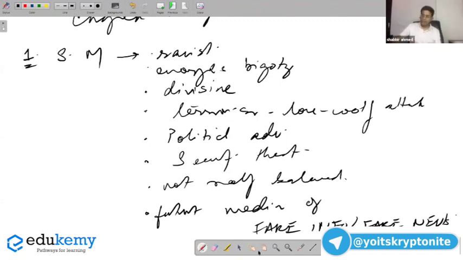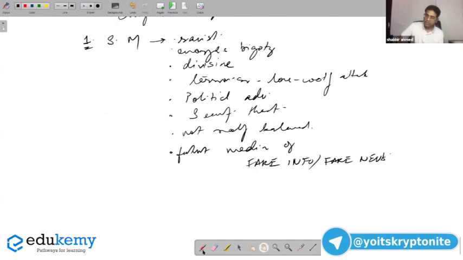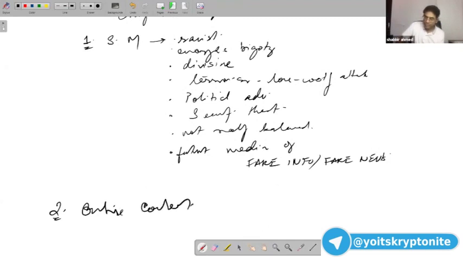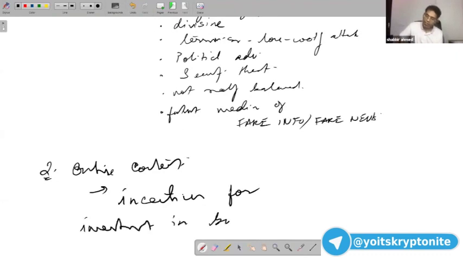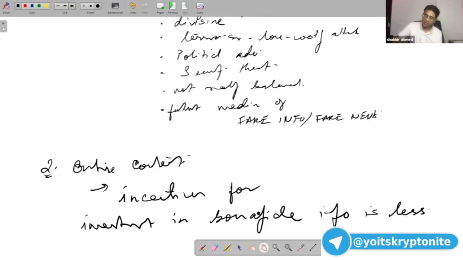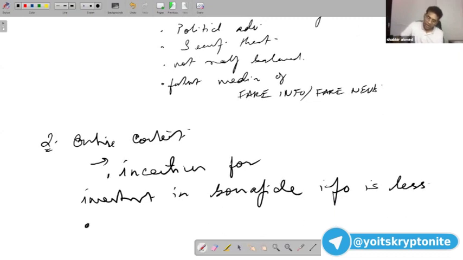In fact, the consequences, because of online content, but it's an important point: the incentives for investing in bona fide information are less.